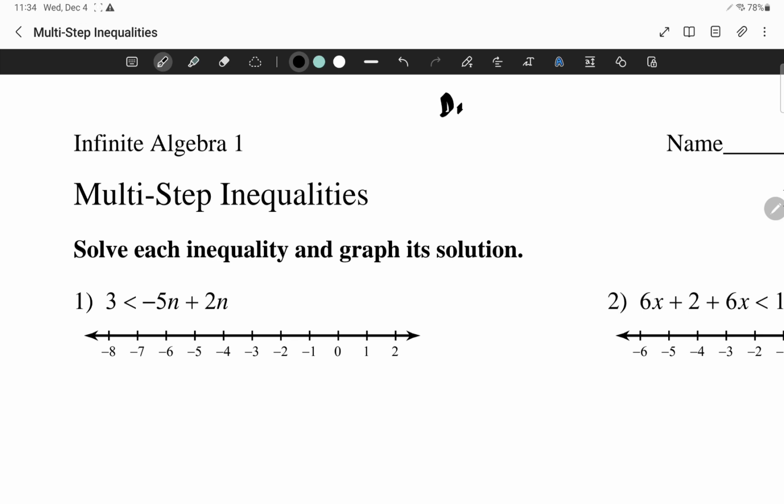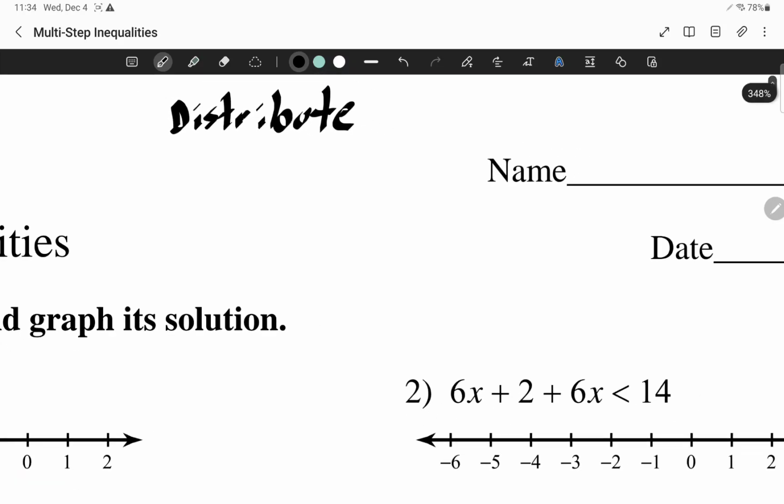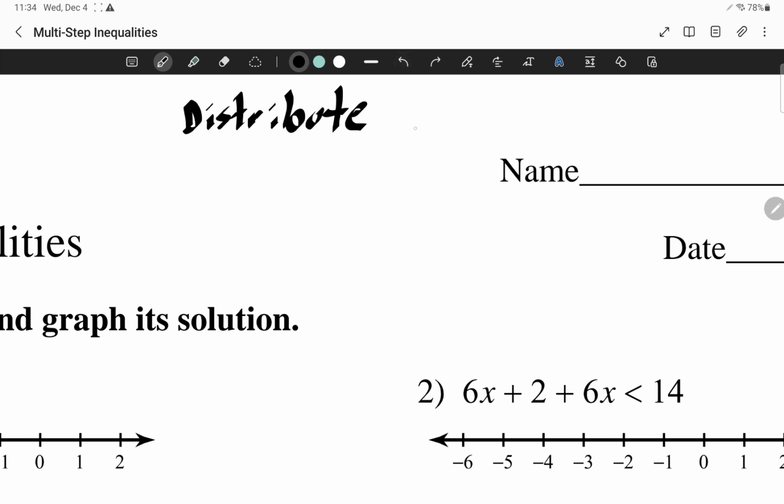One of them is going to be distribute. What does that mean? I'm going to show a little drawing right here on the side. Distribute means that you're going to have a number, or let me use letters. This is a number, even though I'm going to use letters.